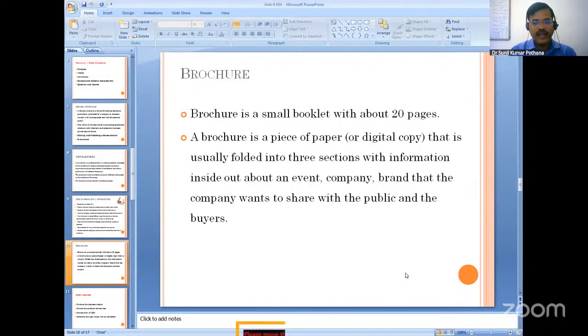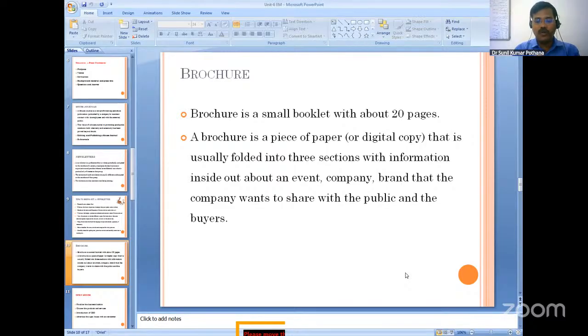Brochure is one kind of tool for publications practice. A brochure is a small booklet with about 20 pages, 16 pages, or 24 pages, sometimes 8 pages. A brochure is a piece of paper or a digital copy that is usually folded into 3 sections with information about an event, company, or brand that the company wants to share with the public and the buyers.